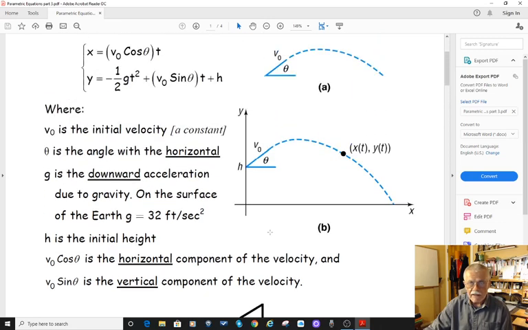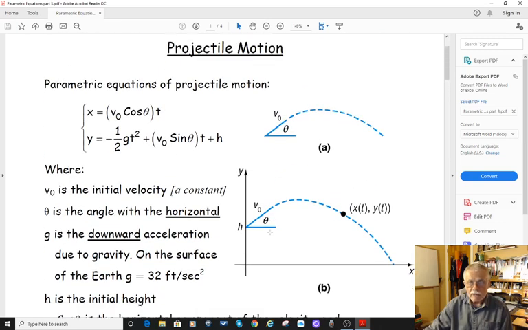So let's go back and look at our parametric equations. We have them broken down into a horizontal component, the x component, and the y component. This is very similar to what we dealt with in vectors.